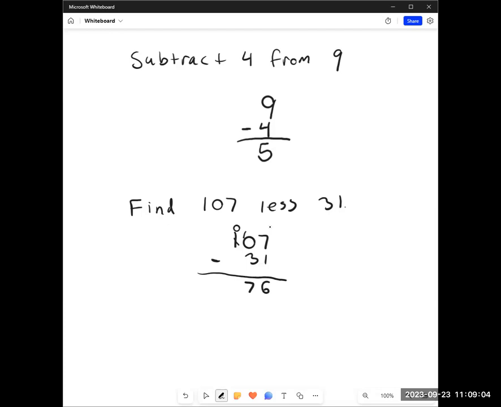Again, if you want to check that, say 76 plus 31 is 107. Our answer checks.